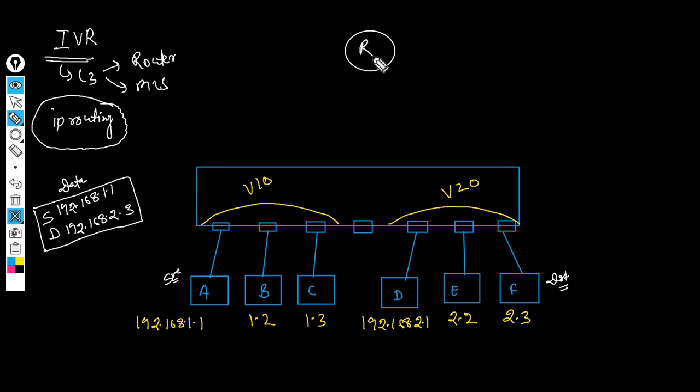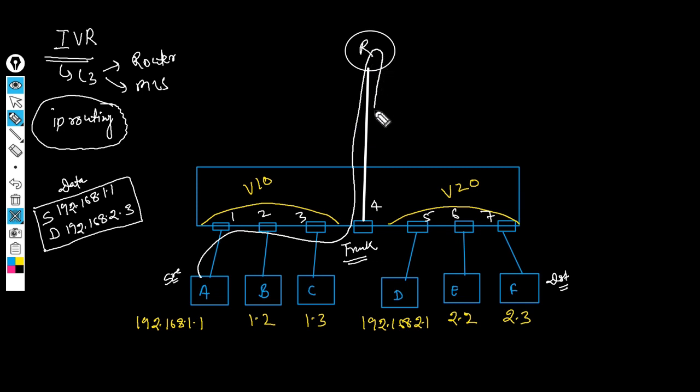Say for example, we have a router here, and this router gets connected to this interface. Consider these are the interface numbers, like interface 1, 2, 3, 4, 5, 6, 7. This port must be configured as a trunk, because normally the information from PC A has to go to this router, which will then forward the traffic back, and the communication takes place.